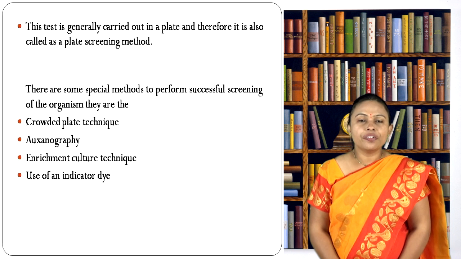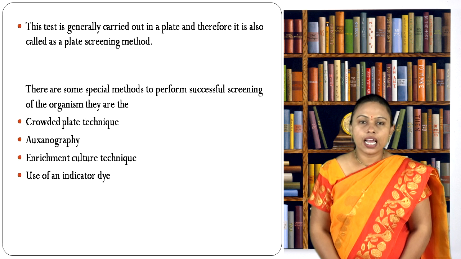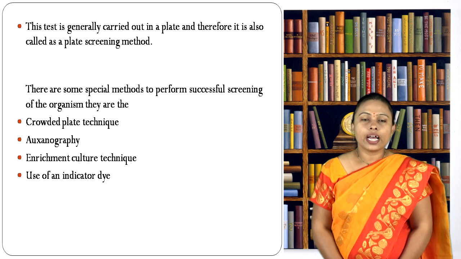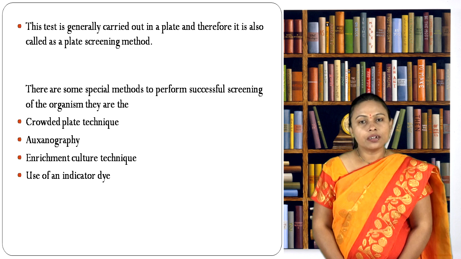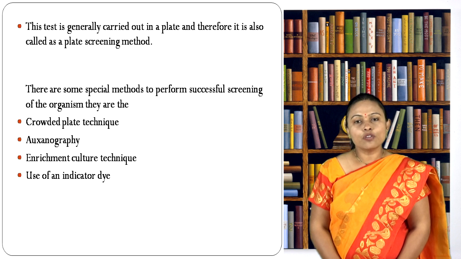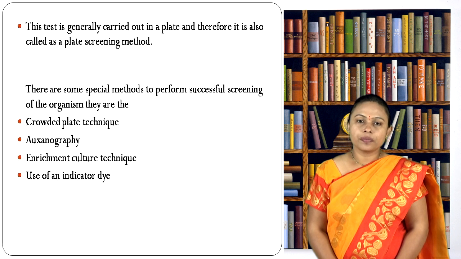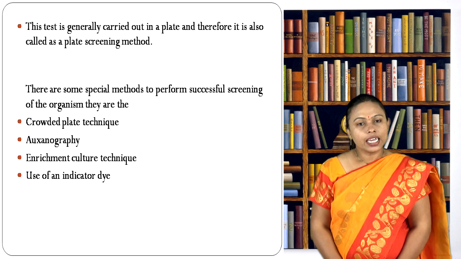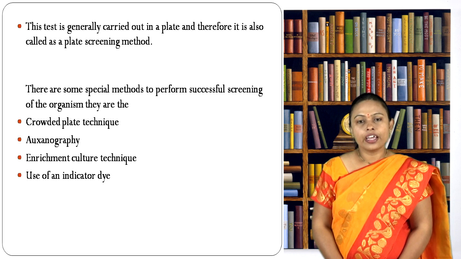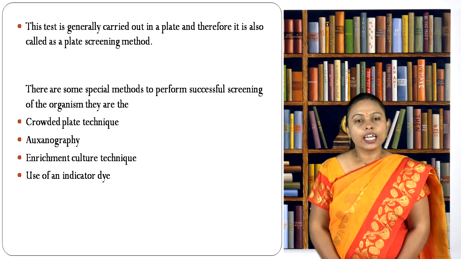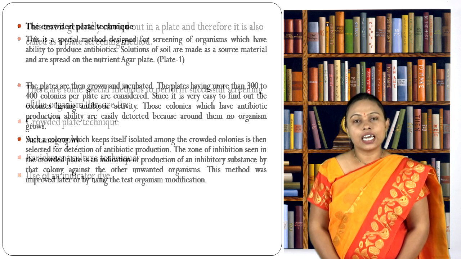The test is generally carried out in a plate and therefore it is called the plate screening method. There are some special methods to perform successful screening of the organism: the crowded plate technique, auxanography, enrichment culture technique and use of an indicator dye.